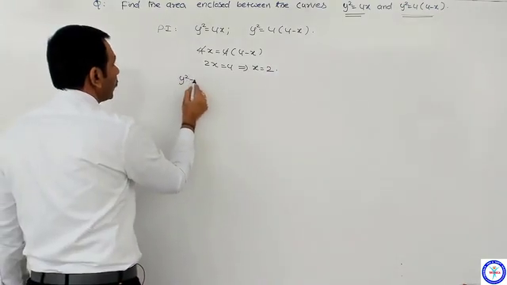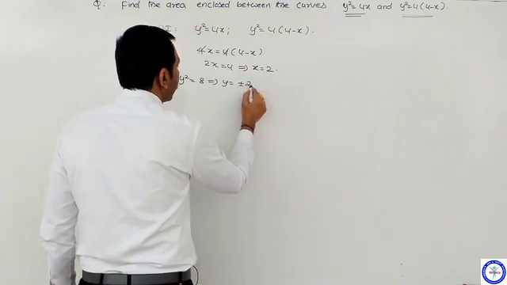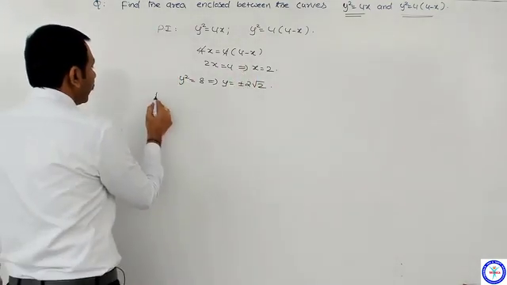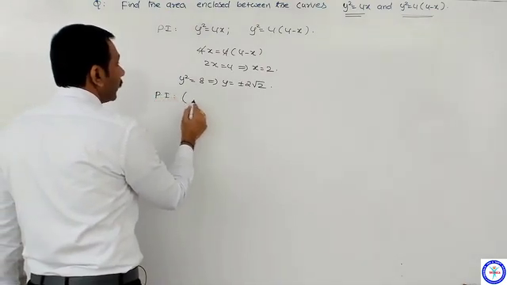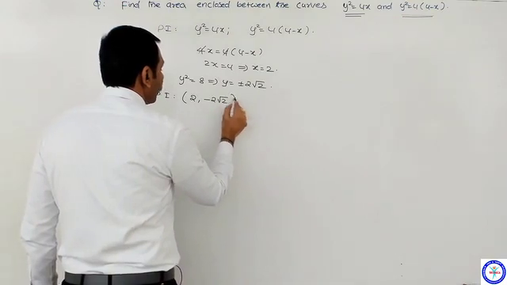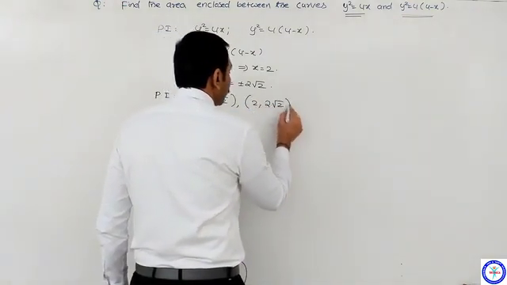Therefore, y square is equal to 8 implies y equal to plus or minus 2 root 2. Now, what are the point of intersections you see here? X equal to 2, y equal to minus 2 root 2, one point. X equal to 2, y equal to 2 root 2, other point.